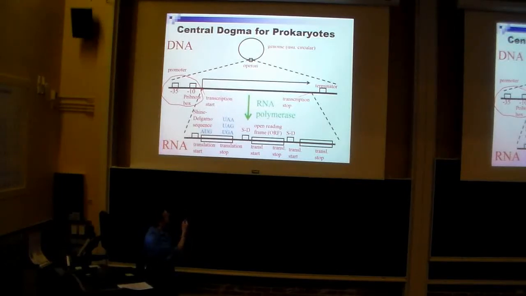Within that region, we will typically have one or more protein coding regions. In prokaryotes, we generally identify these by looking for what are called open reading frames, or ORFs. An open reading frame basically means a region from a start codon, usually AUG, to a stop codon, usually UAA, UAG, or UGA, in frame of the start codon.